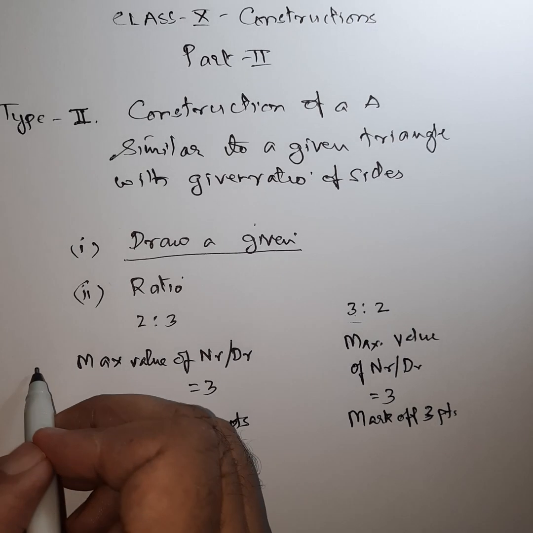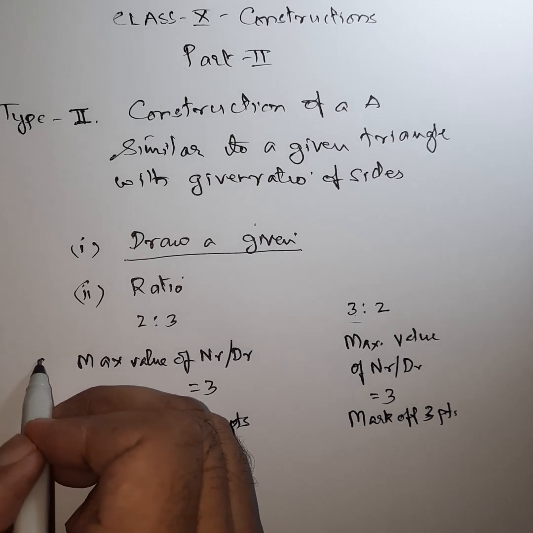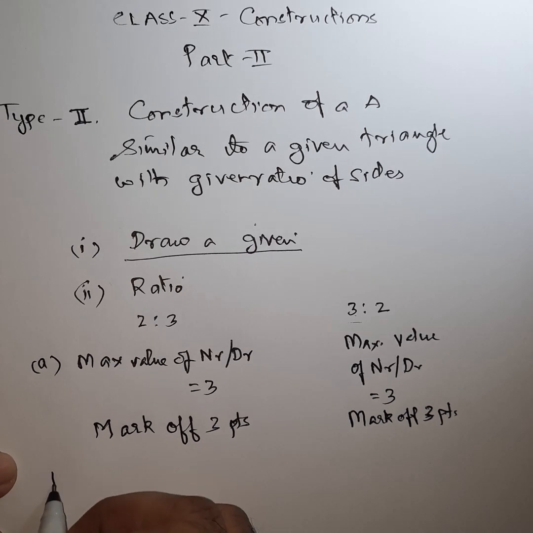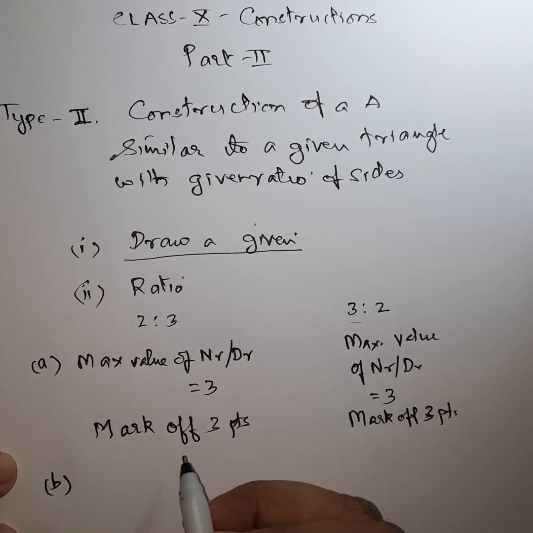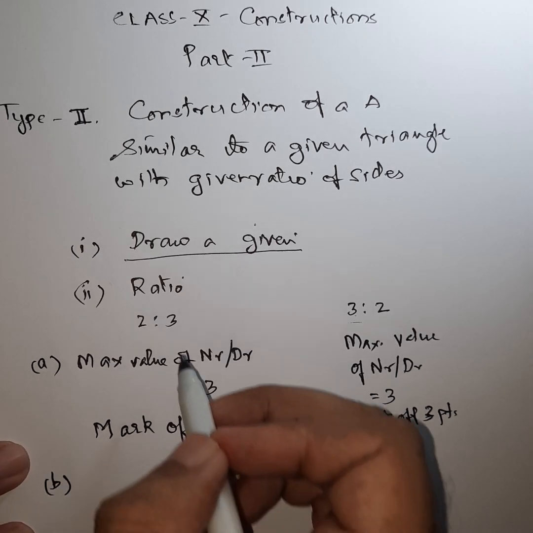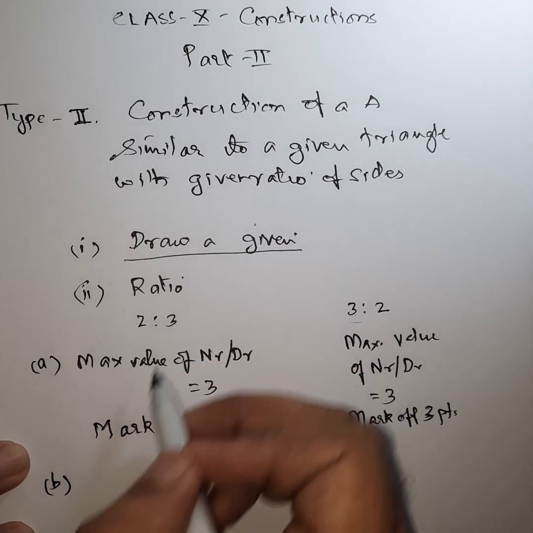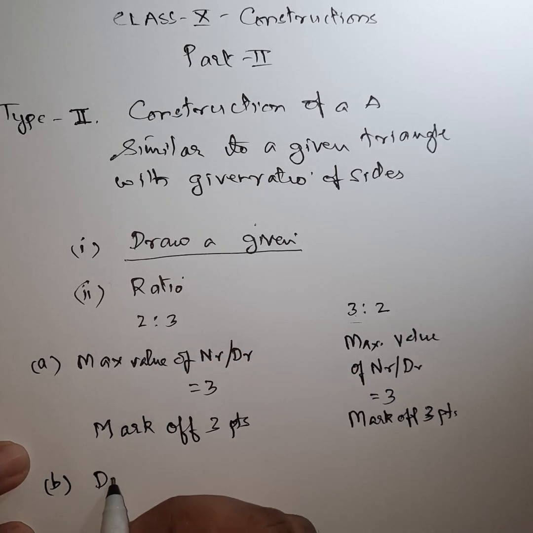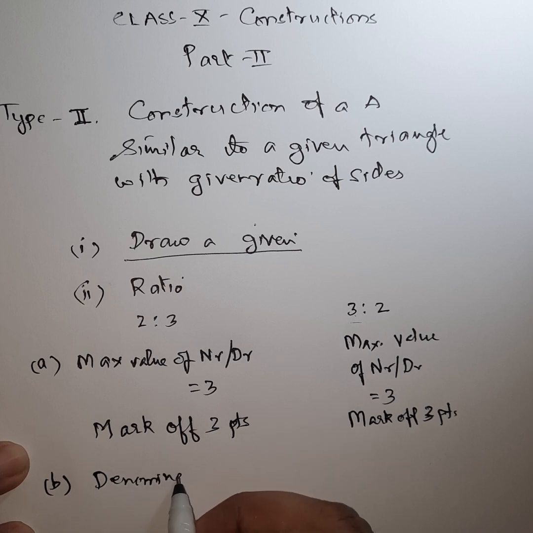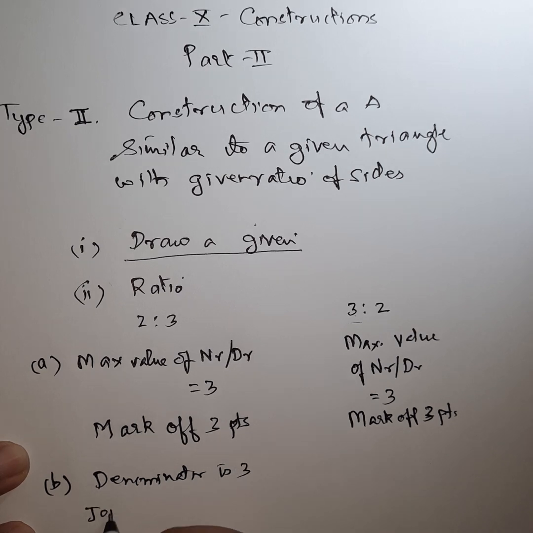And second thing that you have to remember, you have to join according to the denominator. Here denominator is 3. In this question, denominator is 3. So you will join A3 to whatever the vertex is given.